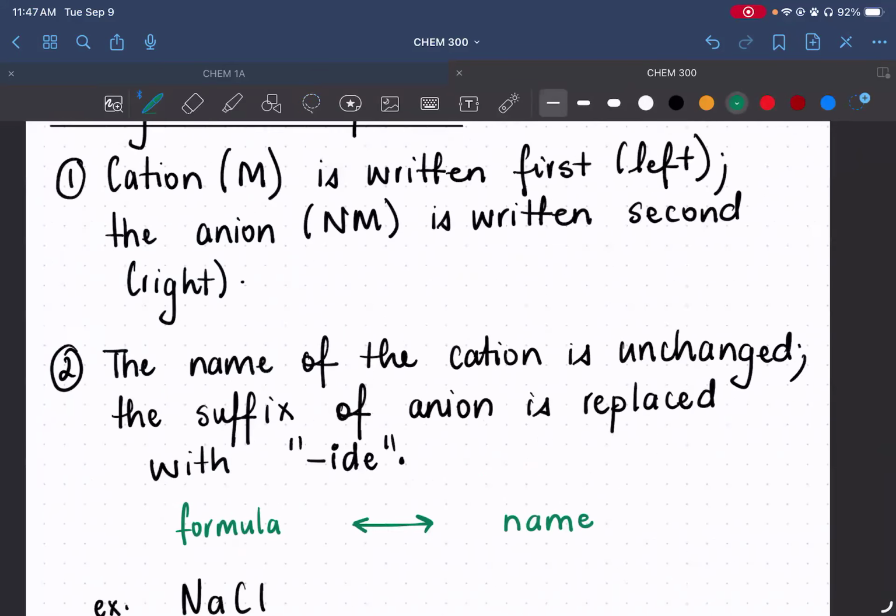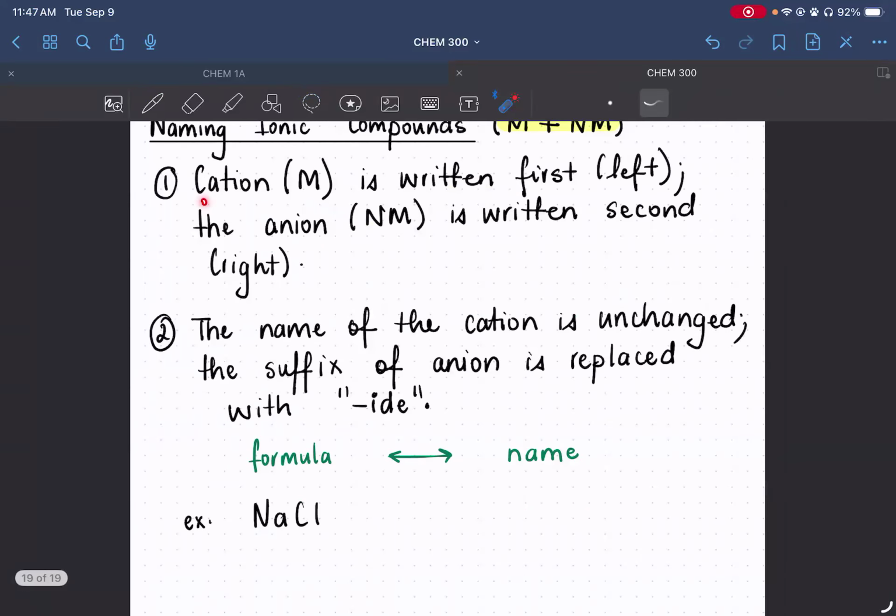Now, following the rules, the cation, which is traditionally the metal, is written first on the left. Okay, that's that Na right there. The name of the cation is unchanged. Okay, so nothing happens to this sodium. So we know so far that this is simply sodium.